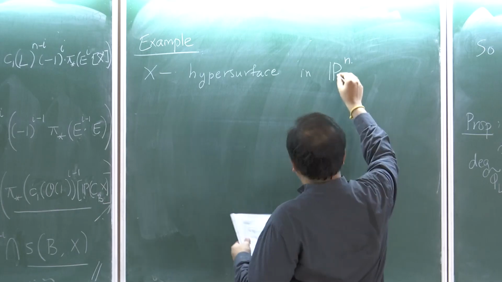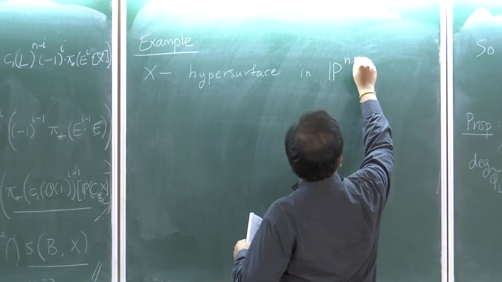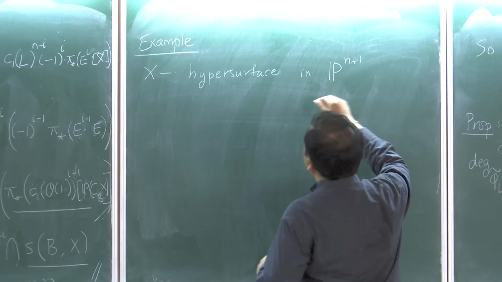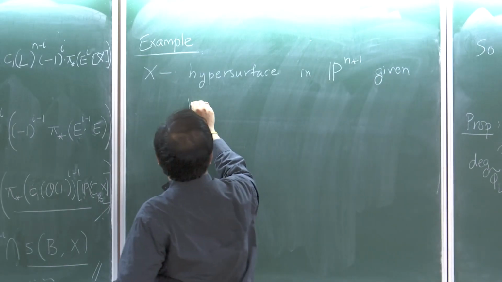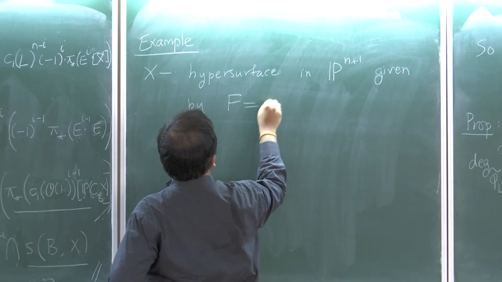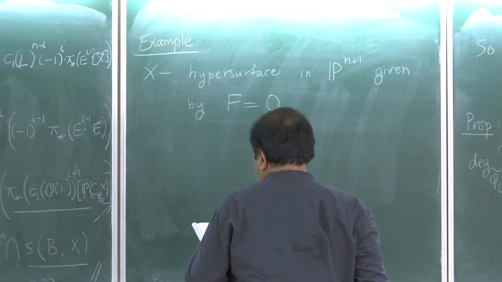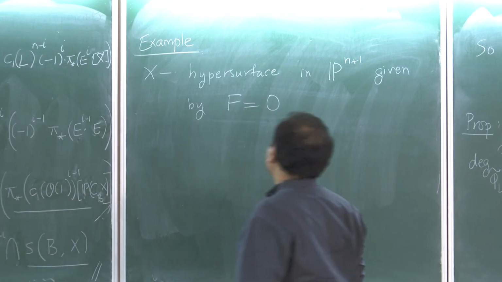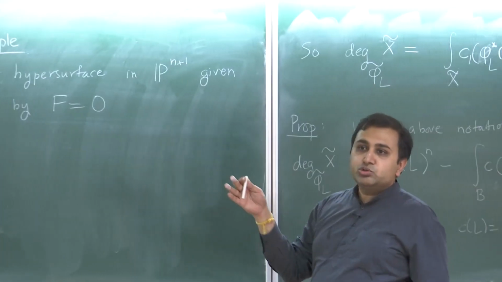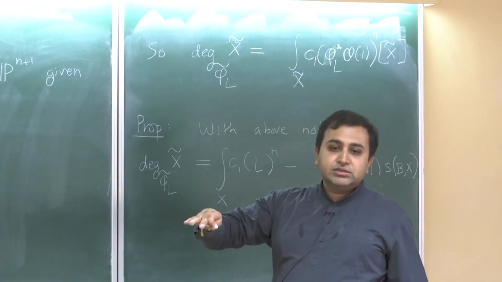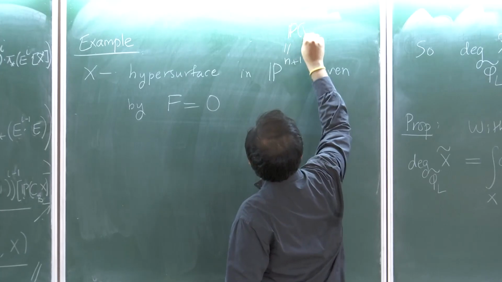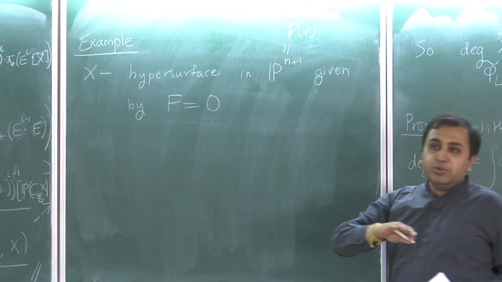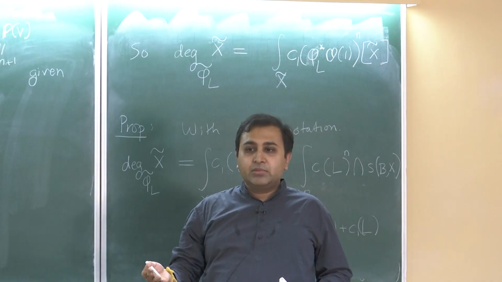Well, let's say Pn plus 1. Okay. So it's an n-dimensional thing given by f equal to 0. So then what you can do is, at any point which is smooth, you can take the tangent hyperplane, which is now sitting inside, let me say this is P of V. So the tangent hyperplane will sit in P of V dual, right?